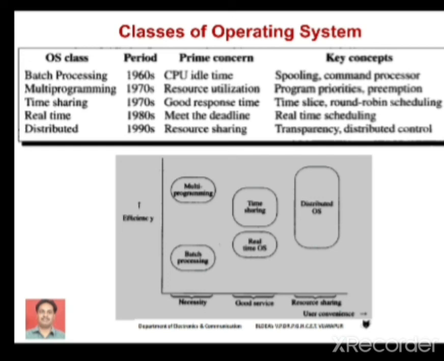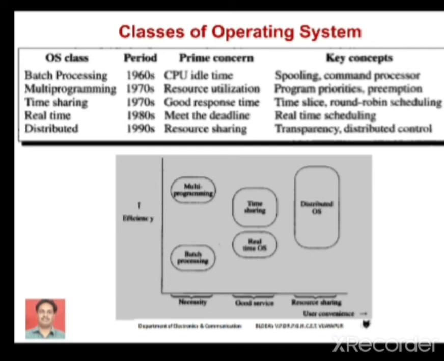A distributed operating system is one which provides sharing of available resources. That is its main goal. They used the key concepts called transparency, and then distributed control functions. So these are the 5 classes of operating system with their primary concern and key concepts.